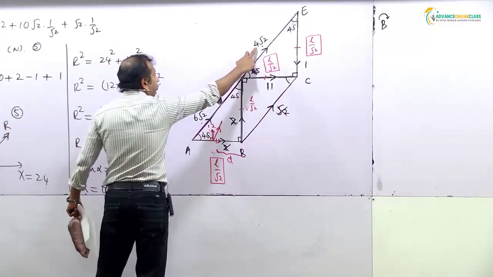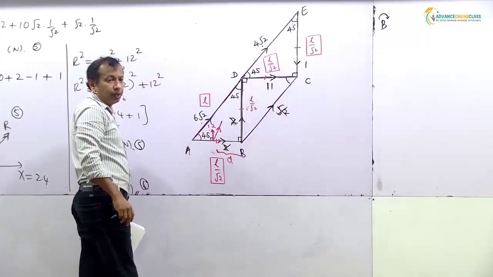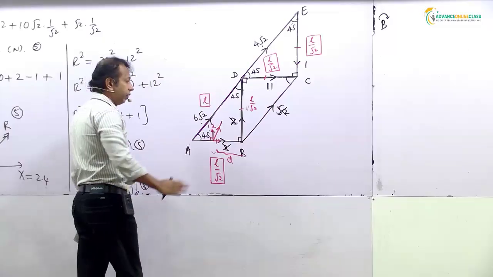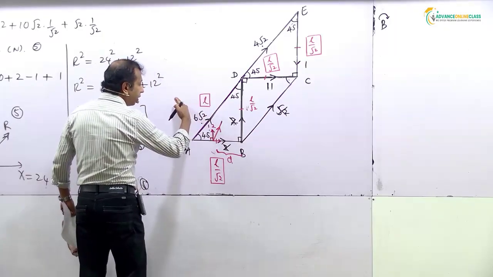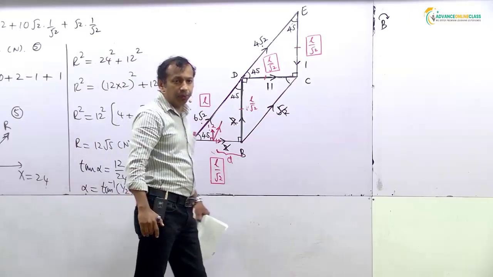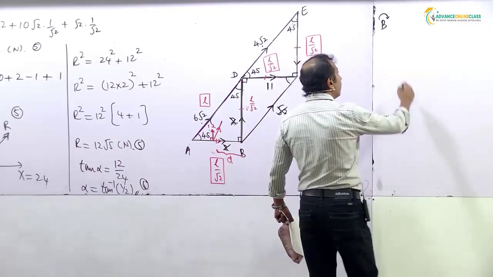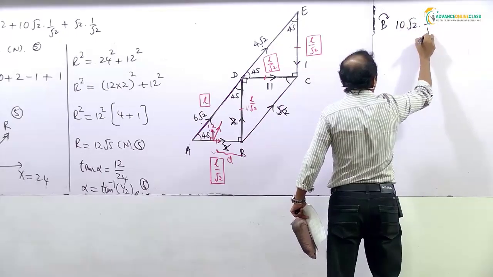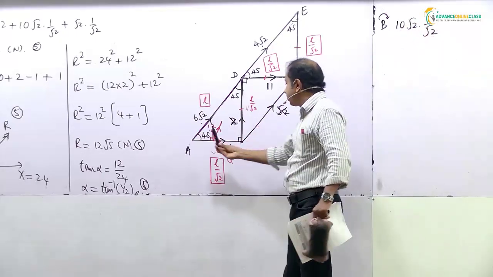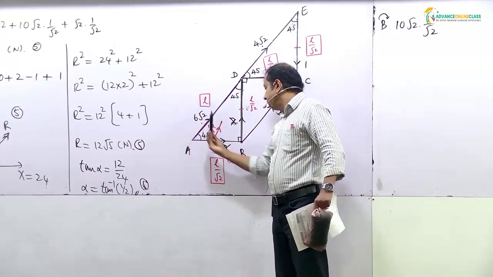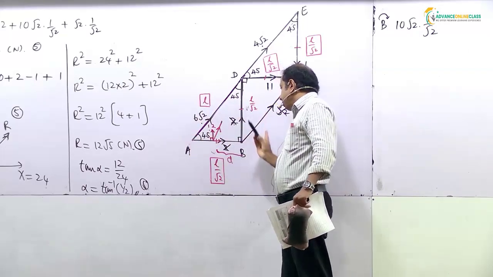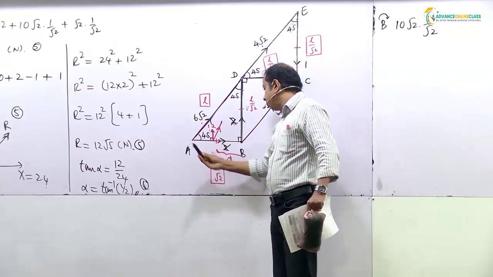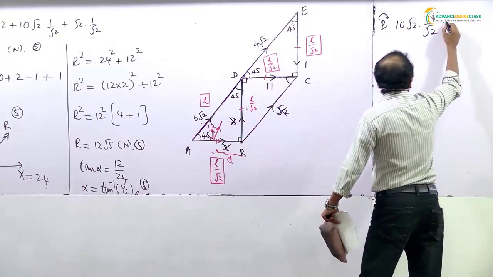6 root 2, 4 root 2, 10 root 2. Resolve vertical. 10 root 2 sine 45. Sine 45 is 1 over root 2. Now that force acts this way. Around B, moment is clockwise. The distance from B to A is L over root 2.